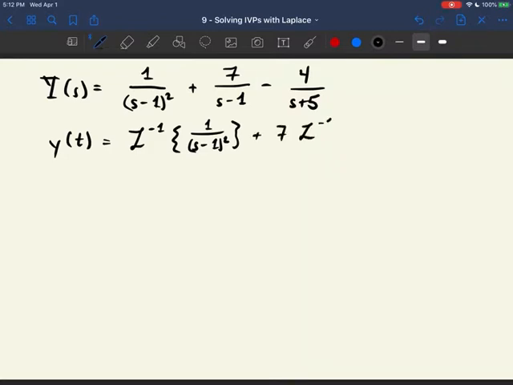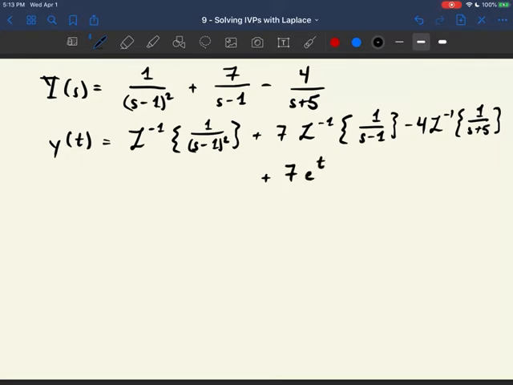So the inverse Laplace transform of 1 over s minus 1 squared, plus 7 inverse Laplace transform of 1 over s minus 1, minus 4 inverse Laplace transform of 1 over s plus 5.